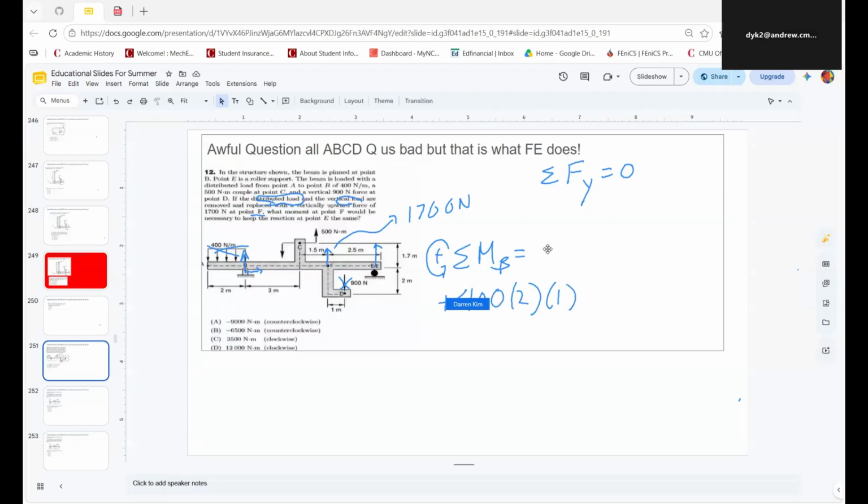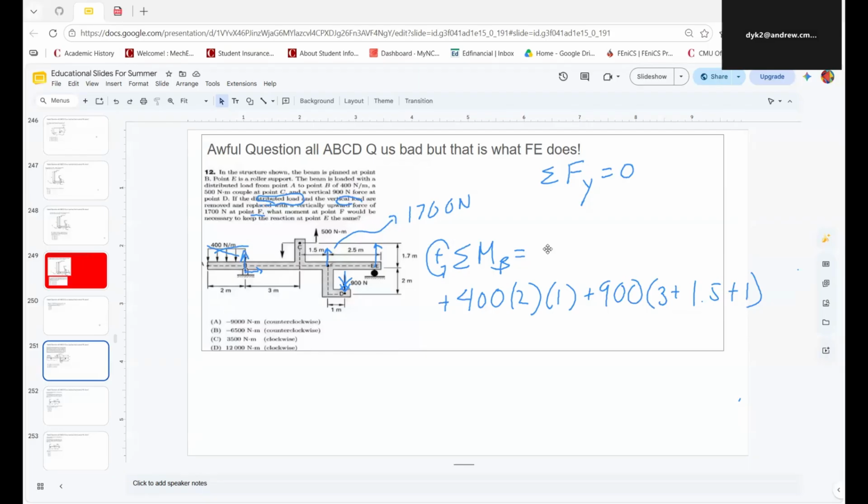The next thing we'll do is get a moment on 900. I honestly think this question is a little bit out there. I don't think this is actually going to be the FE exam question, because if it is, well, it's a weird question indeed. It's going to be 3 plus 2.5, so 3. I'm just going to write this like this because I'm lazy.